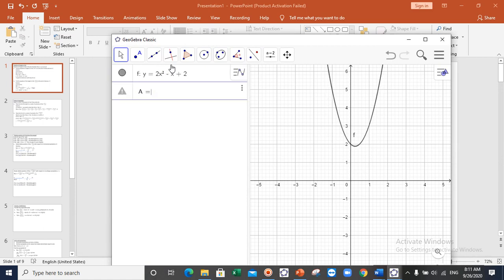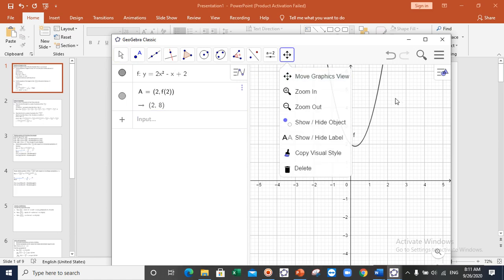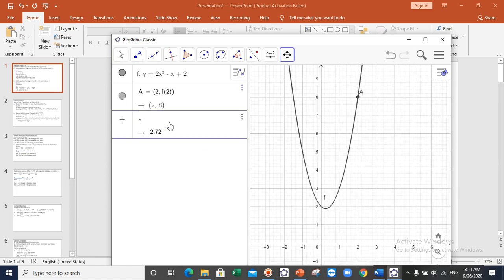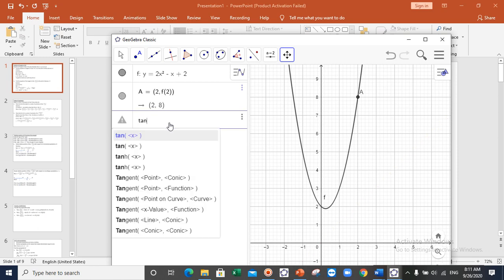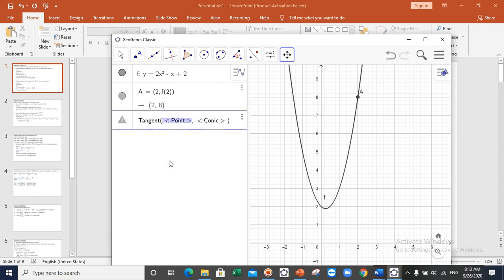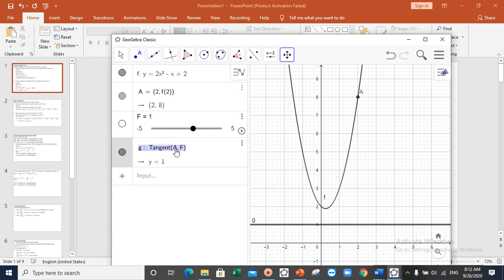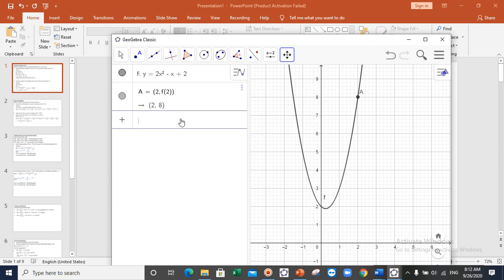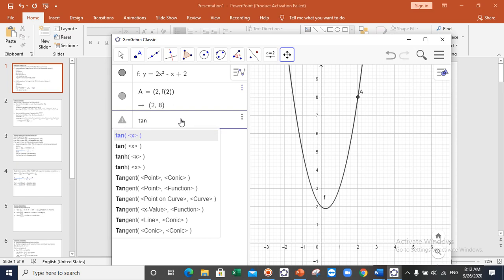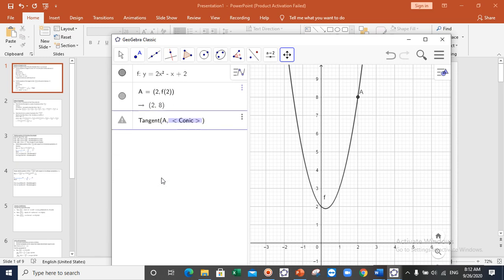You have a point A with coordinates 2, f of 2, which is 2, 8, and you want to find the equation of the tangent at point A to the curve f.